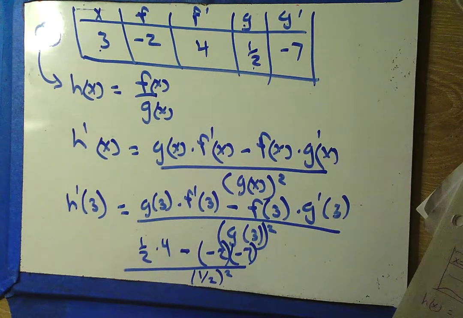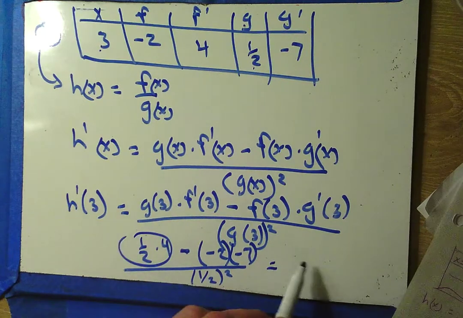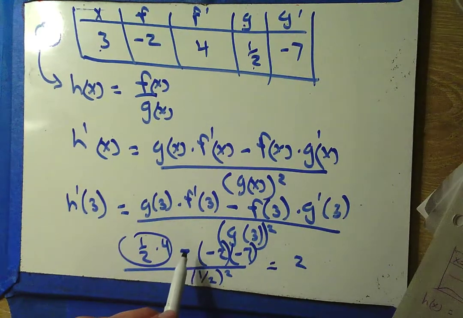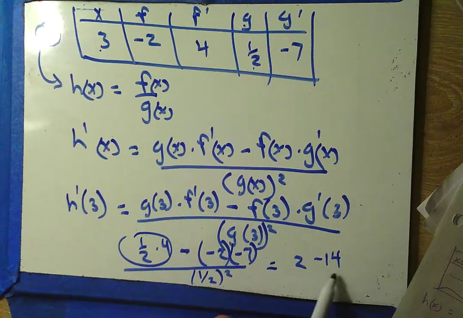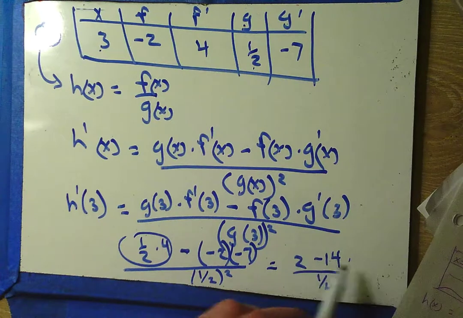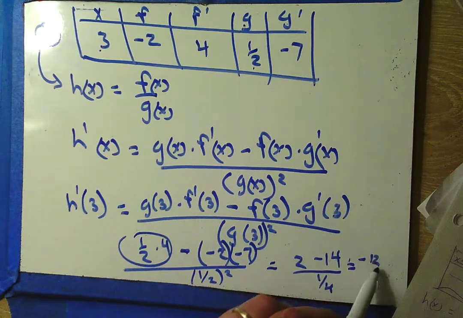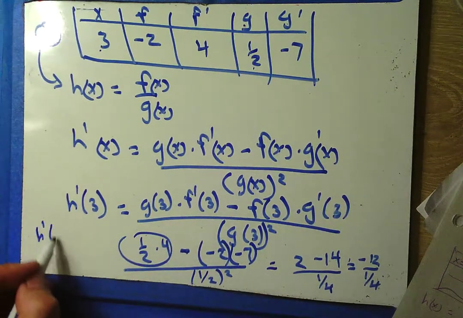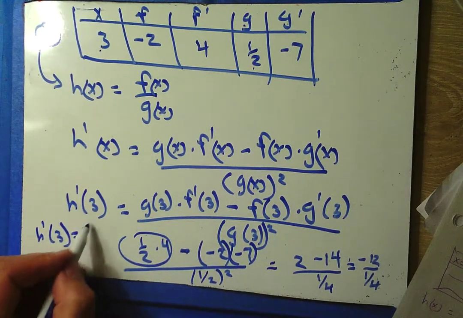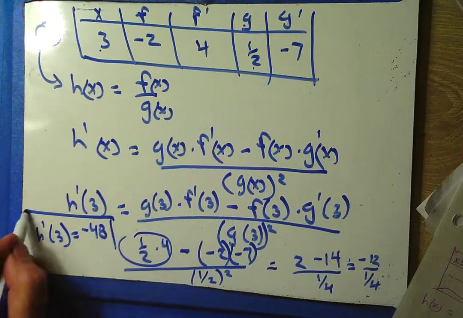It's 1/2 times 1/2, which is 1/4. So here I get 2. Here I have a minus times a minus times a minus, which is -14 over 1/4. So this is going to be -12 over 1/4. And when I do flip and multiply, I'm going to get h prime of 3 equals -48.